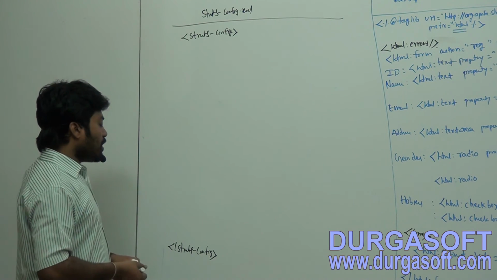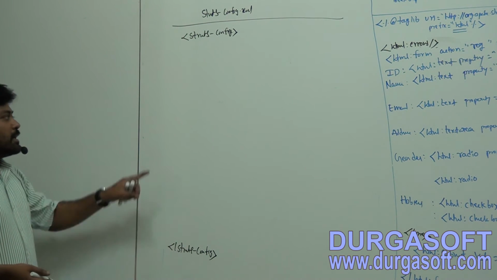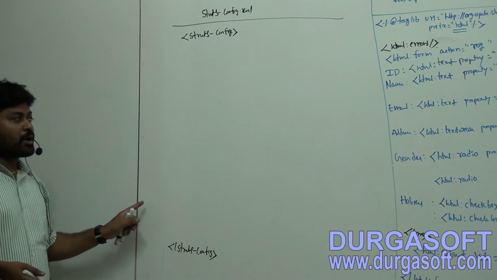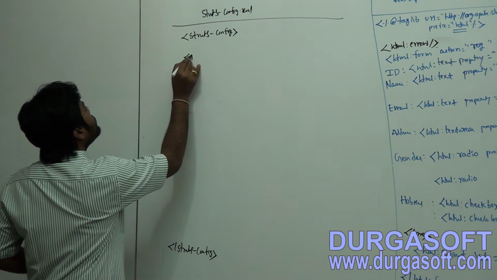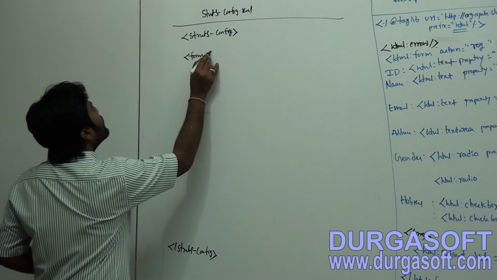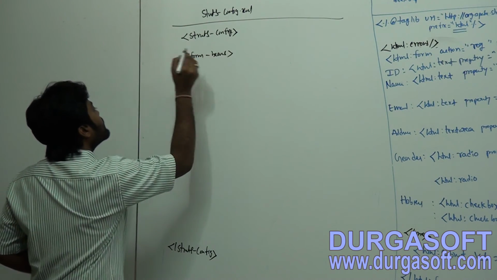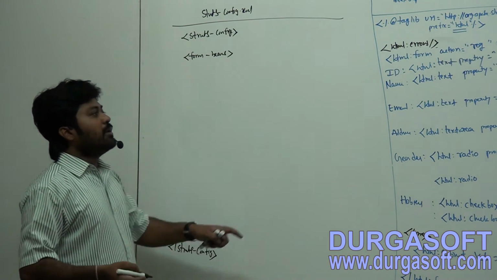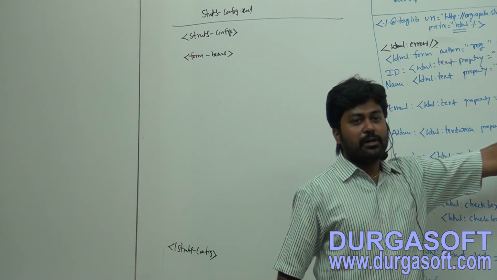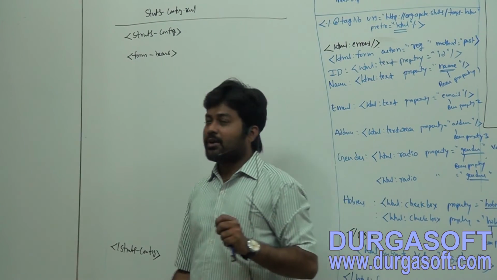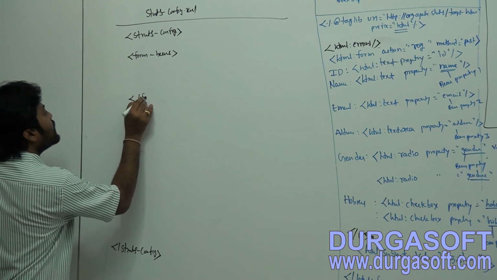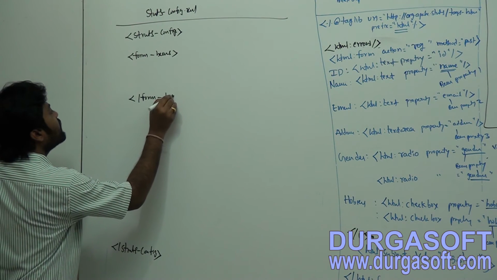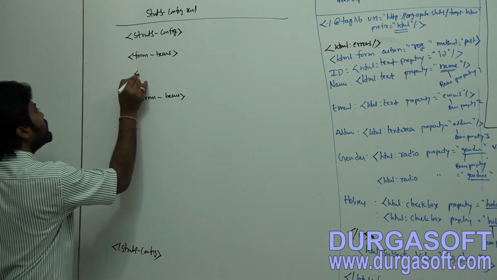So in between struts-config and struts-config, we have 6 important tags. From those important tags, the first one is form-beans. By using this form-beans tag, what should we do? We have to create one reference for our bean class. So bean class references always need to be created in between form-beans and form-beans.